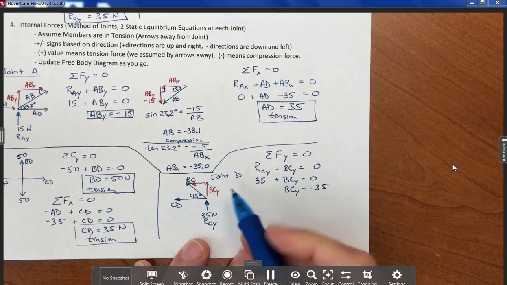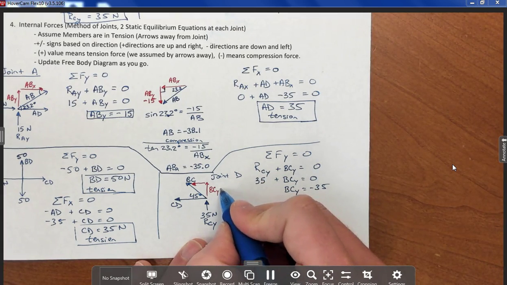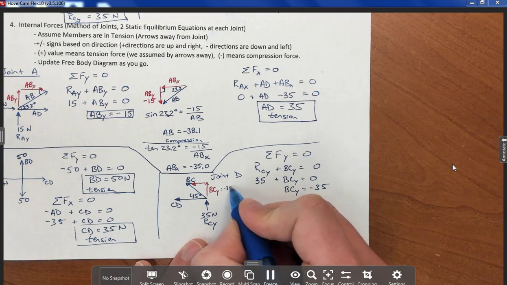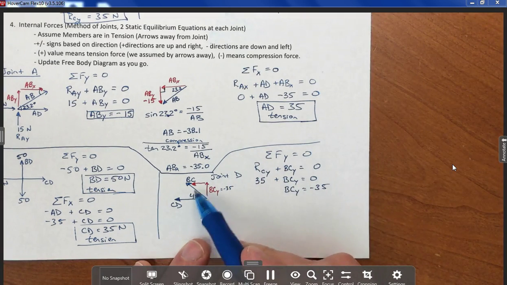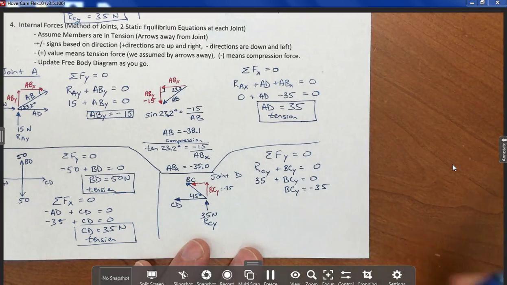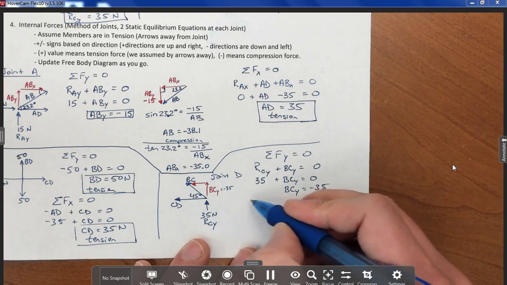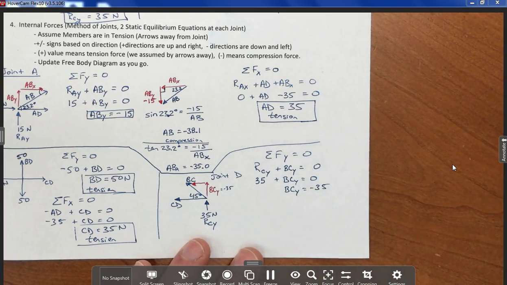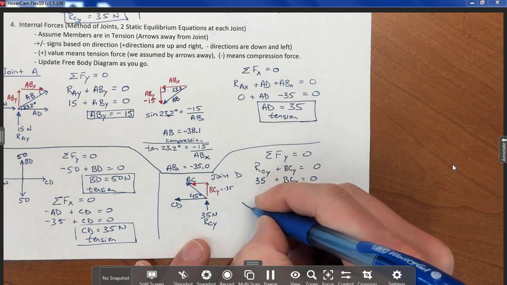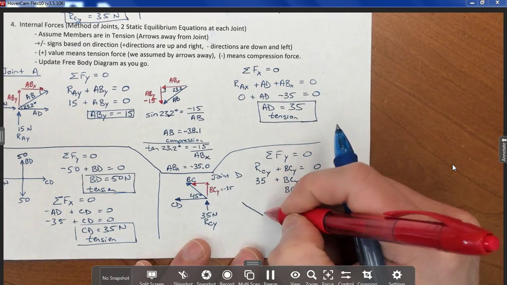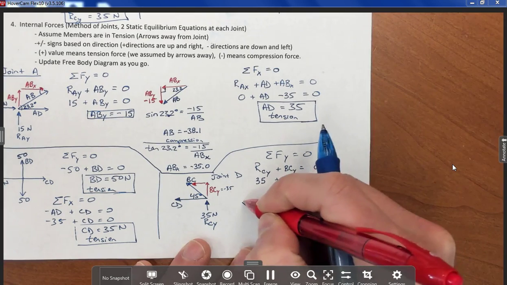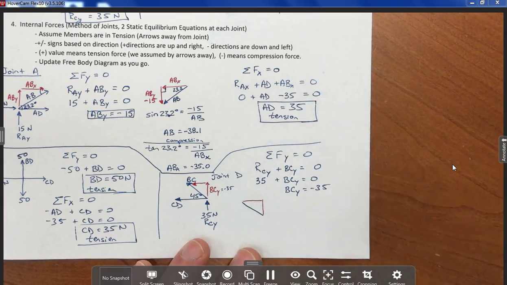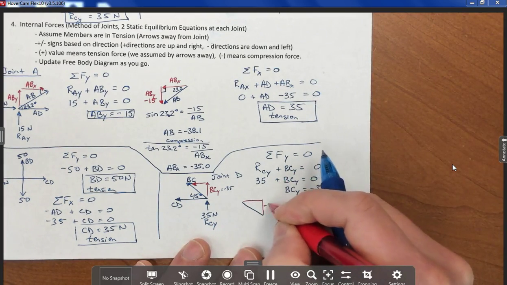Now, we're really close. If you found out that that is negative 35, and you know this angle is 45 degrees, can't we just come back and use our right triangle? So let me just redraw just the triangle, right? You know that this is negative 35.